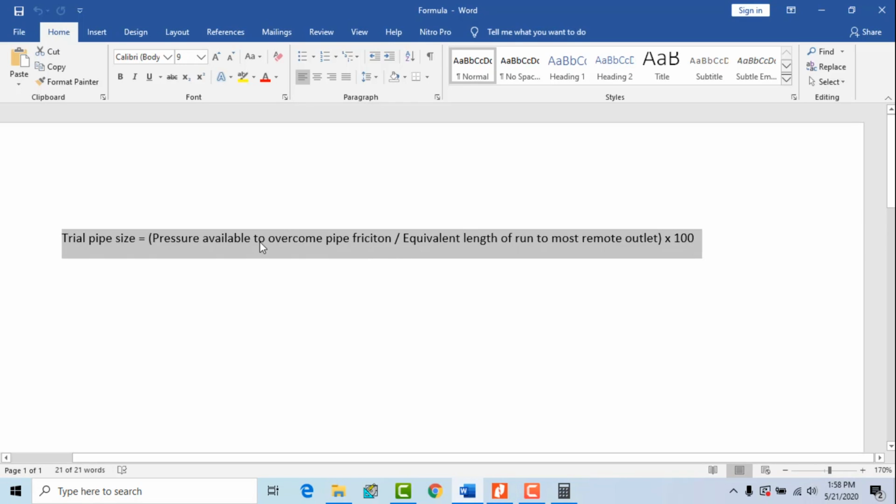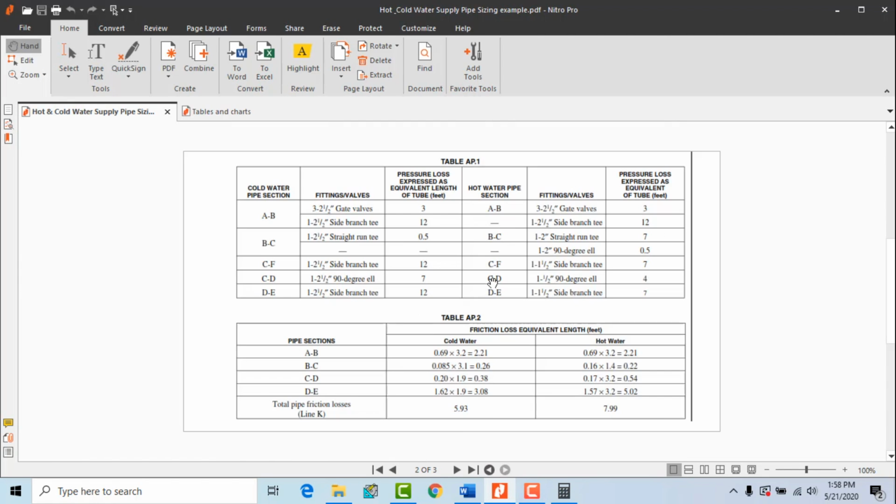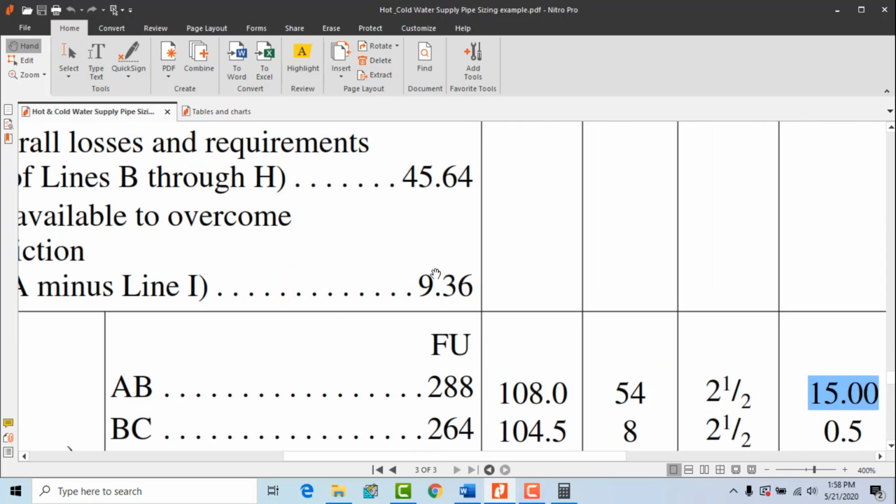Now we know the pressure available to overcome pipe friction, that is 9.36, which we already calculated. We know the equivalent length of run to the most remote outlet is 338 feet.